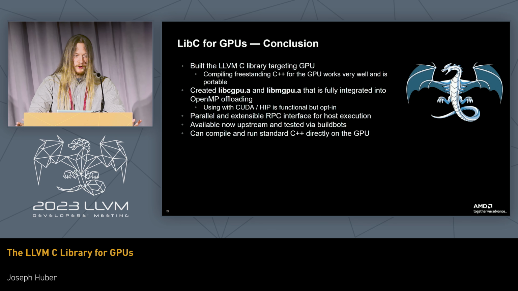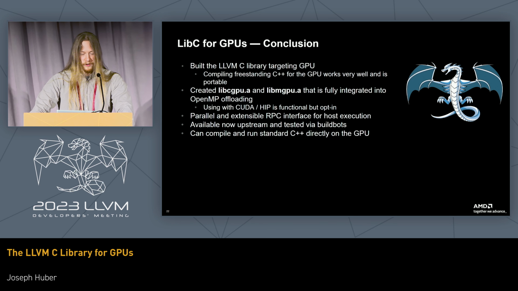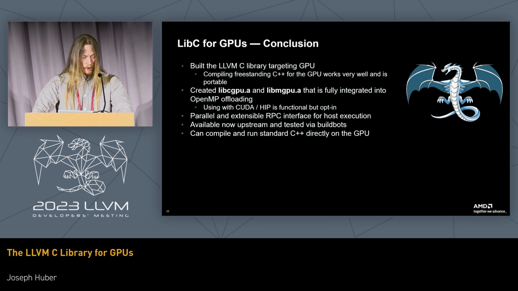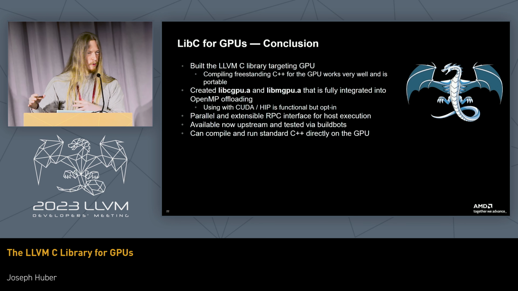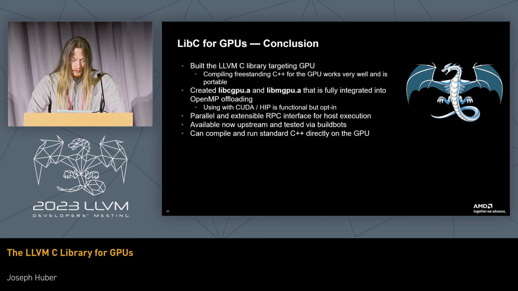I can confirm it works, but I don't think many people know how to turn it on yet, so I'm working on that. Another interesting thing is the RPC infrastructure, which you can reuse to do most any host services you might want. It's very extensible, so I'm hoping that it provides the basis for other complicated things people might want to do on the GPU to the CPU.